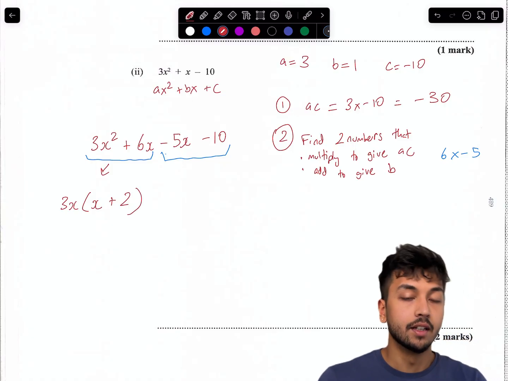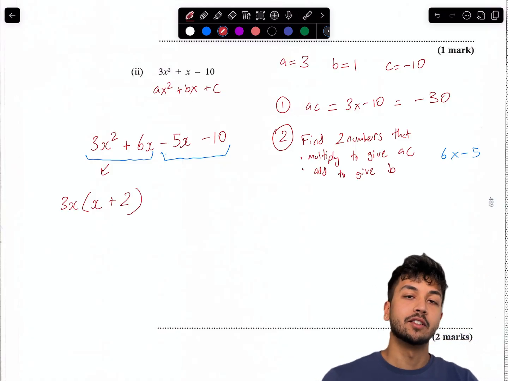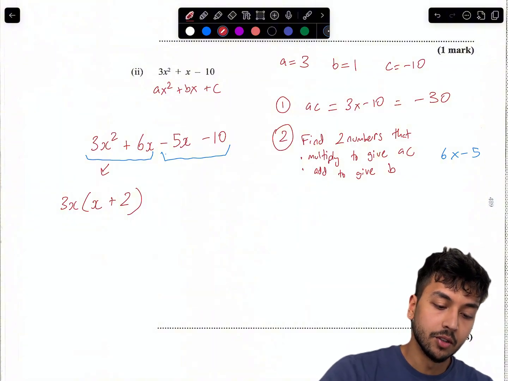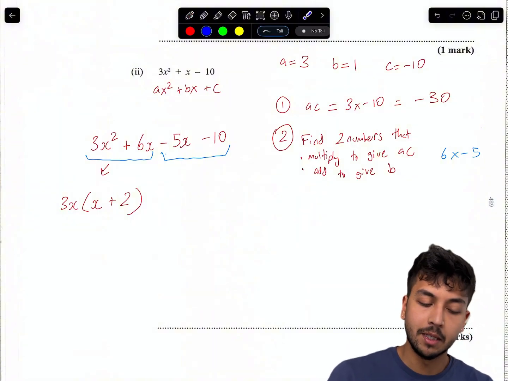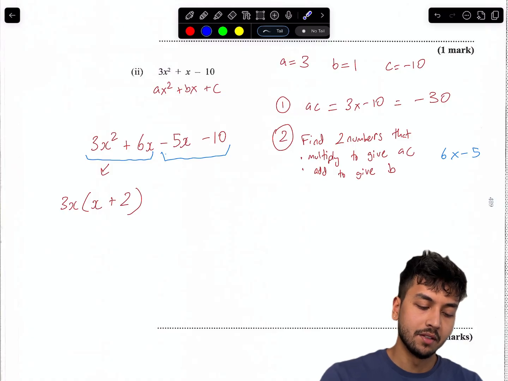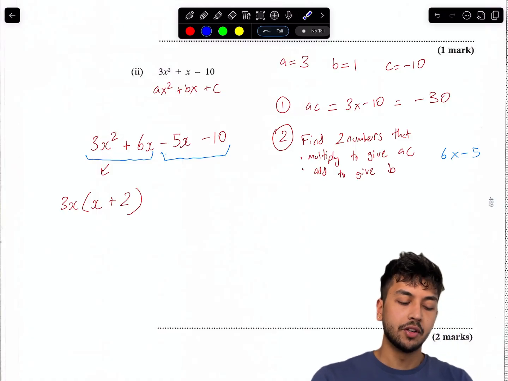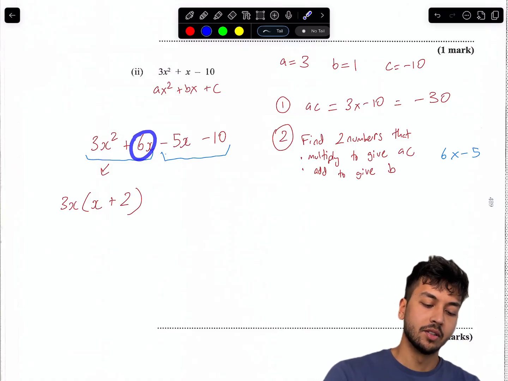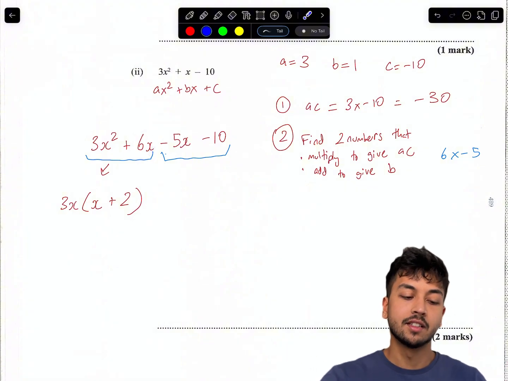What you should always do when you factorize is double check by multiplying it back out. 3x times x gives us 3x squared, and 3x times 2 gives us 6x. So this is the same, so that is correct.